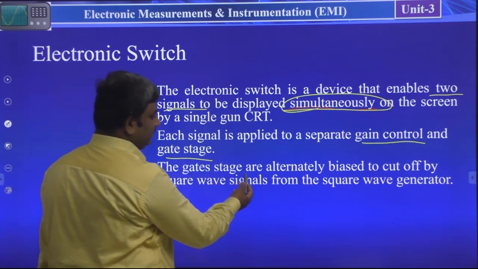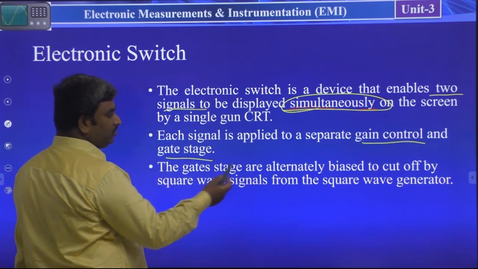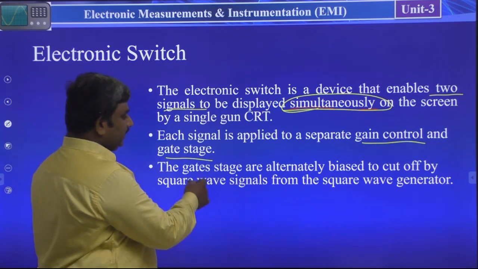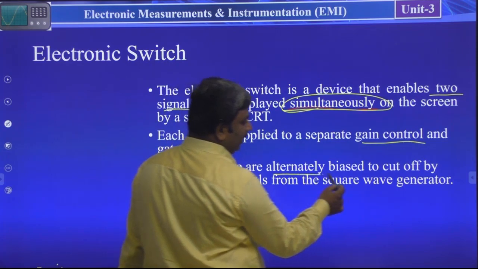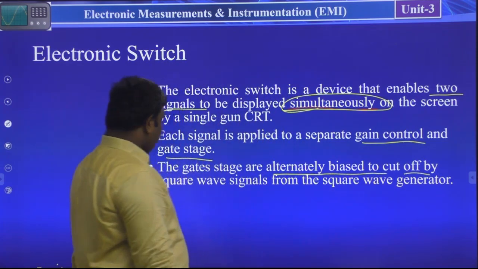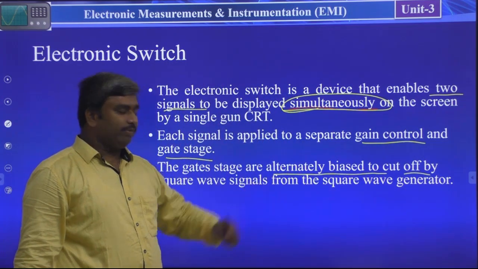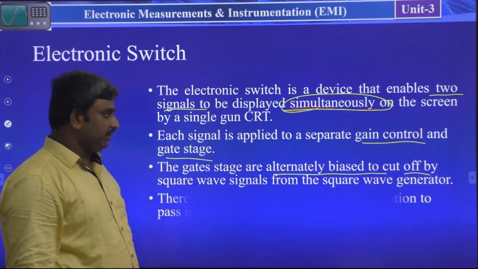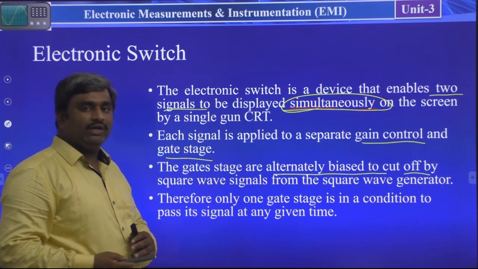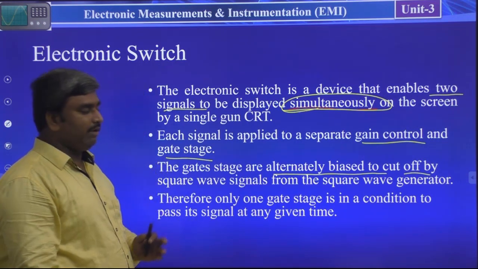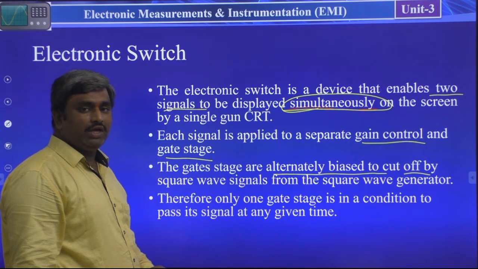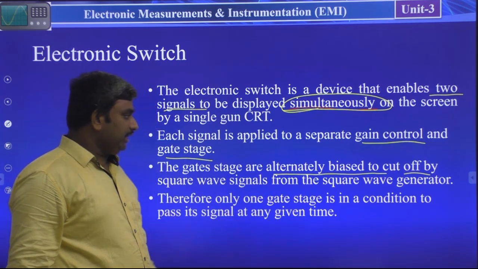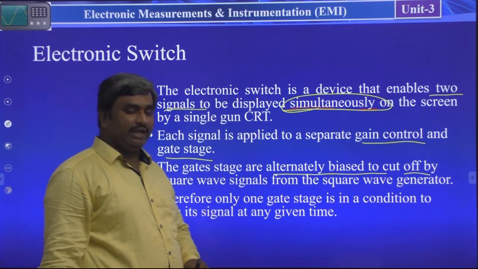The gate stages are alternately biased to cut off by square wave signals from the square wave generator. So this is the major purpose of the square wave generator. Whichever signal you want to connect to the vertical amplifier, you can bias with the square wave generator. Therefore, only one gate is in a condition to pass the signal at any given time.